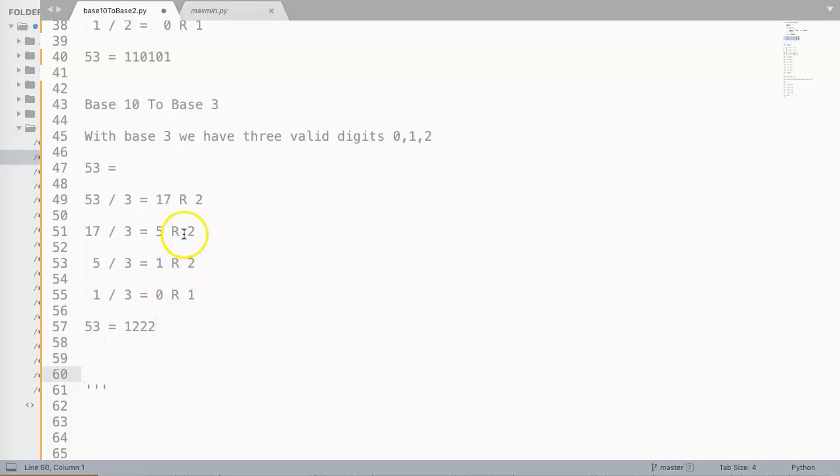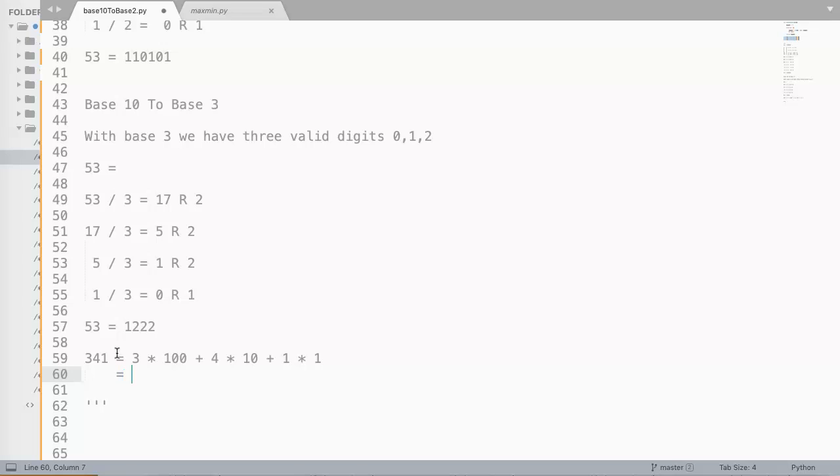Now the question is, what does that actually mean? Recall that when we were talking about base 2, each digit represents a power of 2. It's the same thing for base 3, but it's the power of 3. Just think, for example, of 341 in base 10. That's 3 times 100 plus 4 times 10 plus 1 times 1.